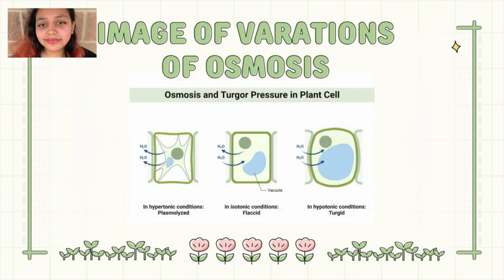So here we have a better image representing the three different variations of osmosis. So remember, in hypertonic, the water is going to go out due to the higher solute being outside and the lower solute being inside. In an isotonic, as you can see, the water is going inside and outside. That's because it is balanced. Remember that.